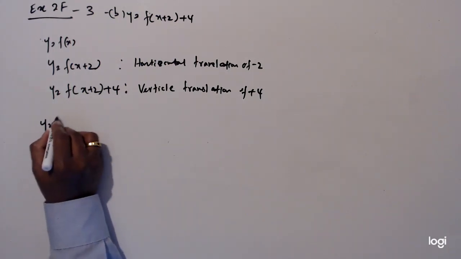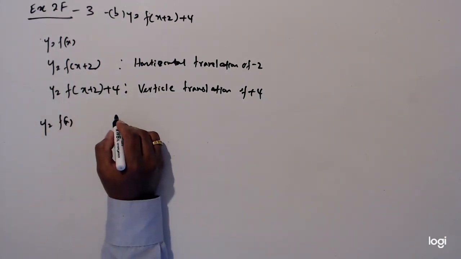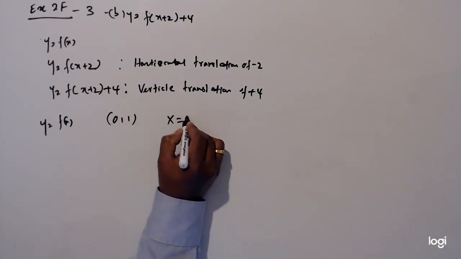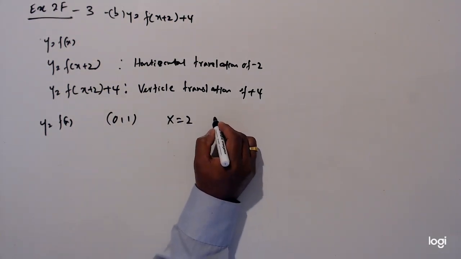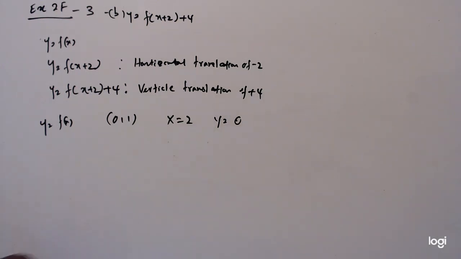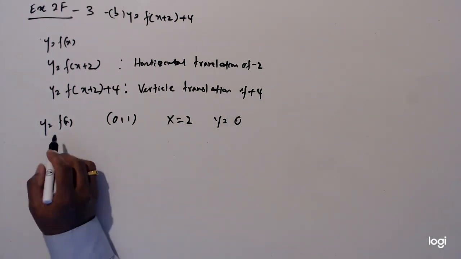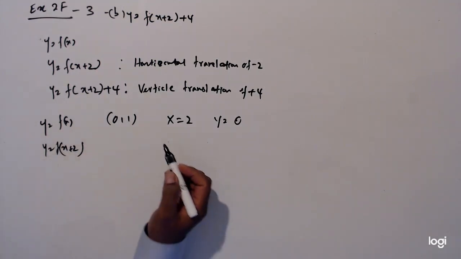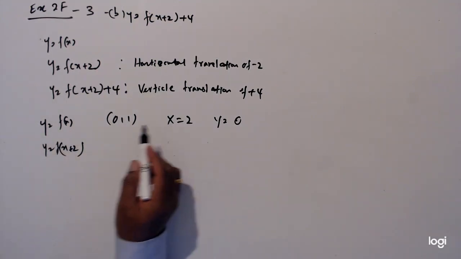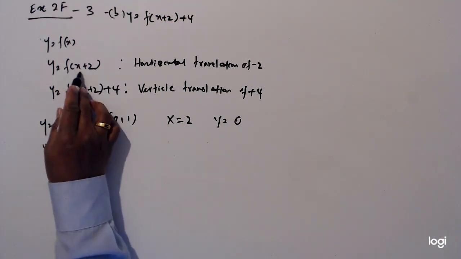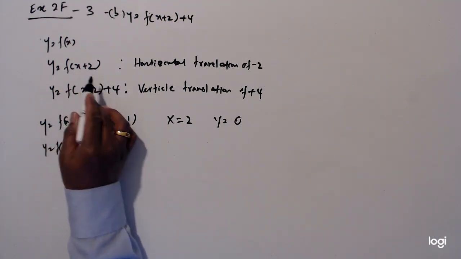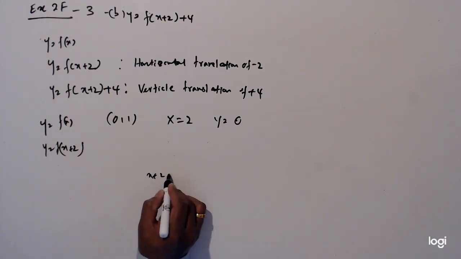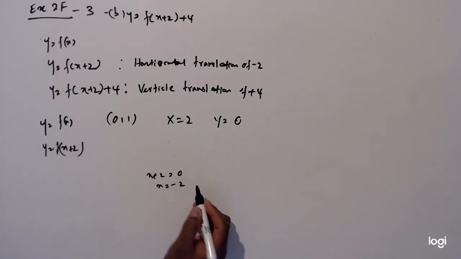So y equals f(x), we consider (0, 1), and x equals 2 as one asymptote and y equals 0 as another asymptote. So then y equals f(x plus 2). It is affecting all x values. The command is given, shift 2 units to the left. So x plus 2 equals 0, x equals minus 2.